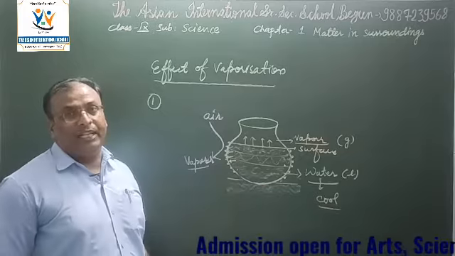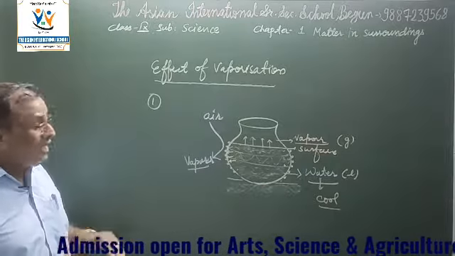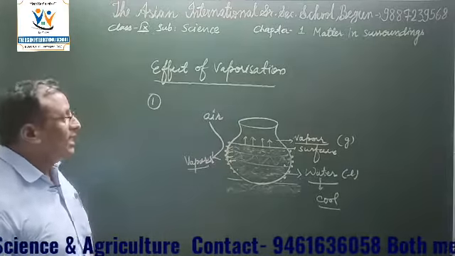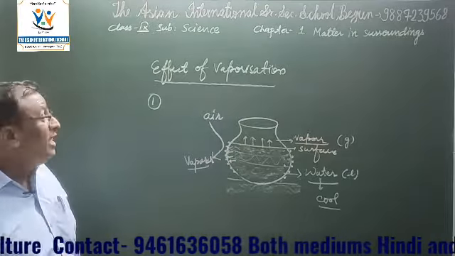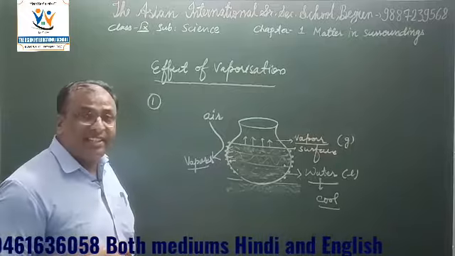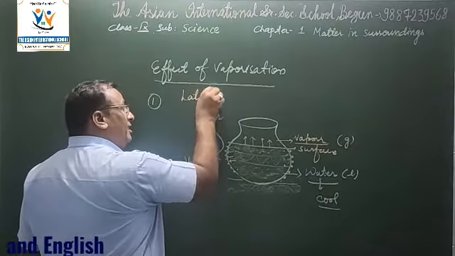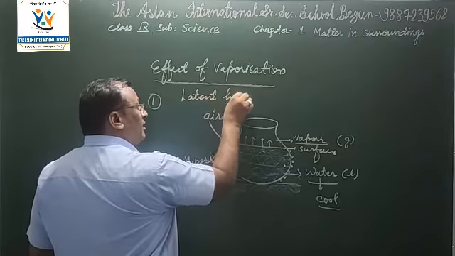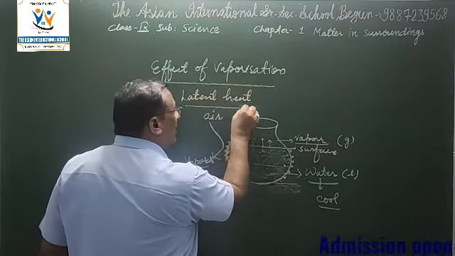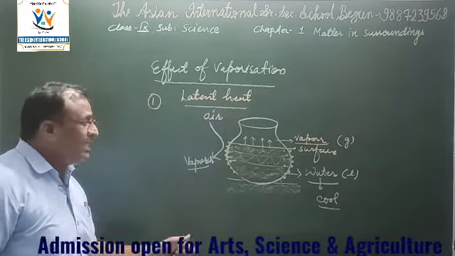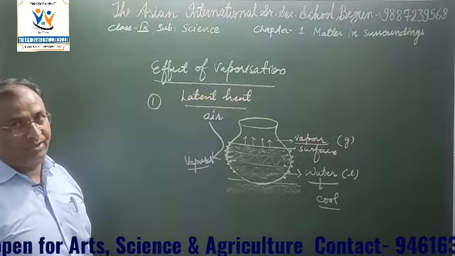Very important phenomenon. What type of energy is taken from the earthen pot? That energy, that heat, is known as latent heat. Due to this, the water changes into vapor state.